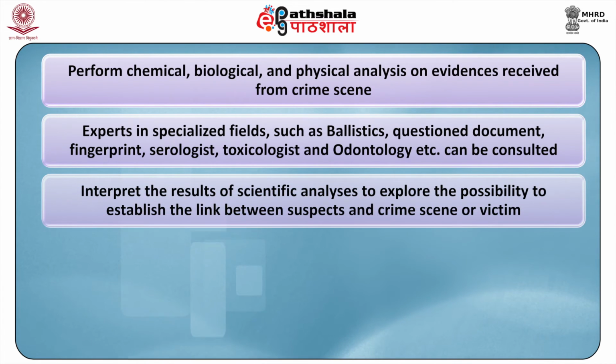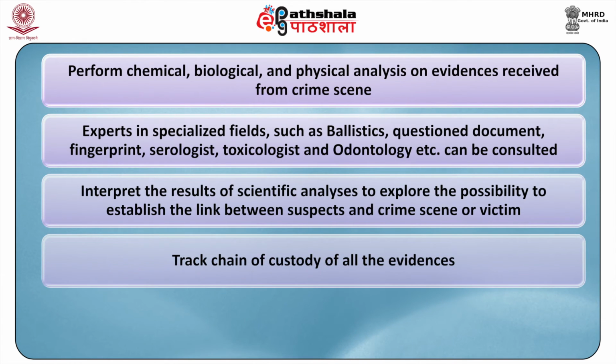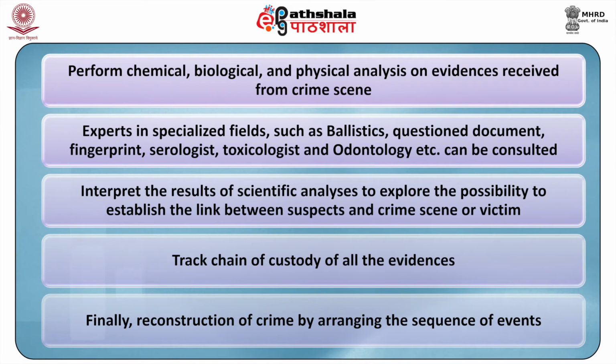Interpret the results of scientific analysis to explore the possibility of establishing a link between suspects and the crime scene or a victim. Track the chain of custody of the evidence. Finally, reconstruct the crime by arranging the sequence of events.